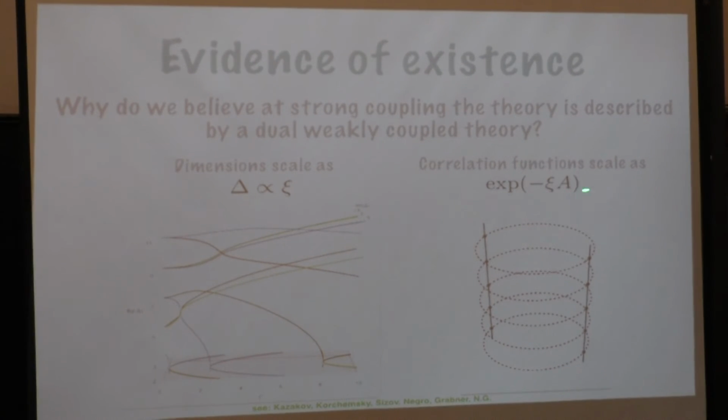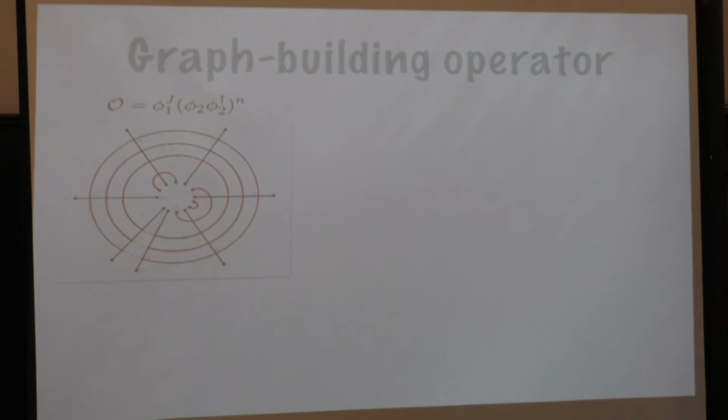You will find, with actually lots of struggle, that at strong coupling it behaves exponentially with some coefficient, and we have a prediction for this coefficient. Indeed, classically it looks like a tunneling process if you want to interpret it. So it all signals the existence at strong coupling of some dual description.